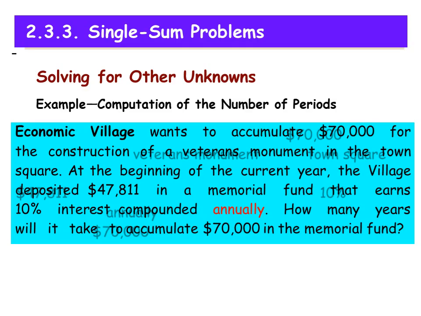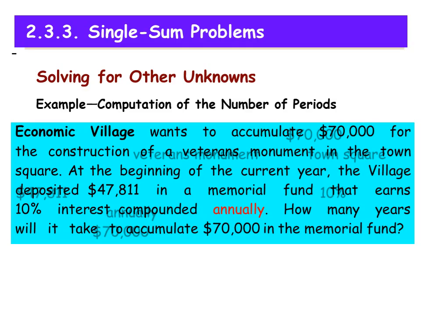How many years will it take to accumulate $70,000 in the memorial fund? So what we are going to calculate is the periods, that's n. So how can we get n? We can get it in different ways.